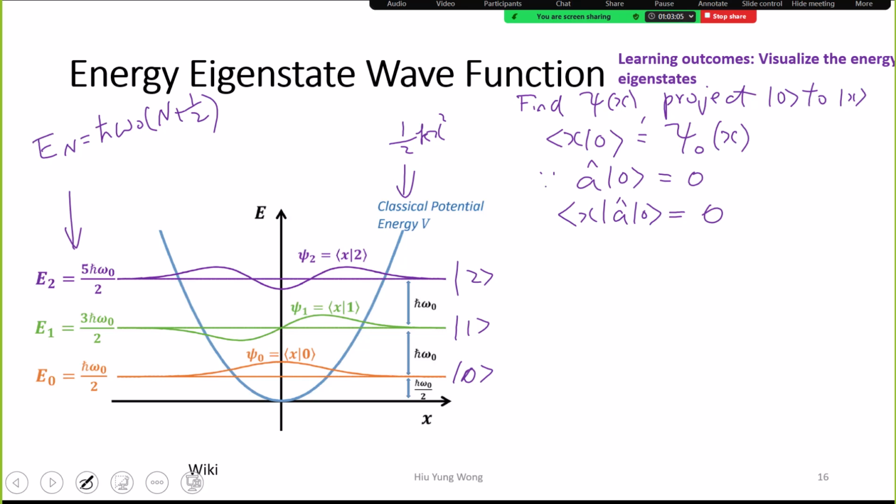But what is a hat? We learned that earlier. I keep saying the wrong thing, a hat. This one is equal to square root of m omega 0 divided by 2 h bar, times x hat plus i p hat divided by m omega 0.